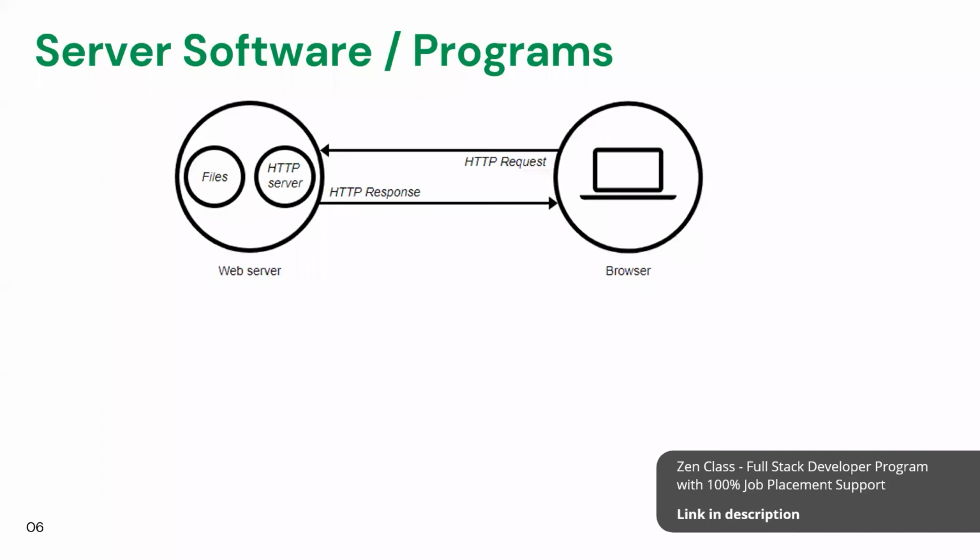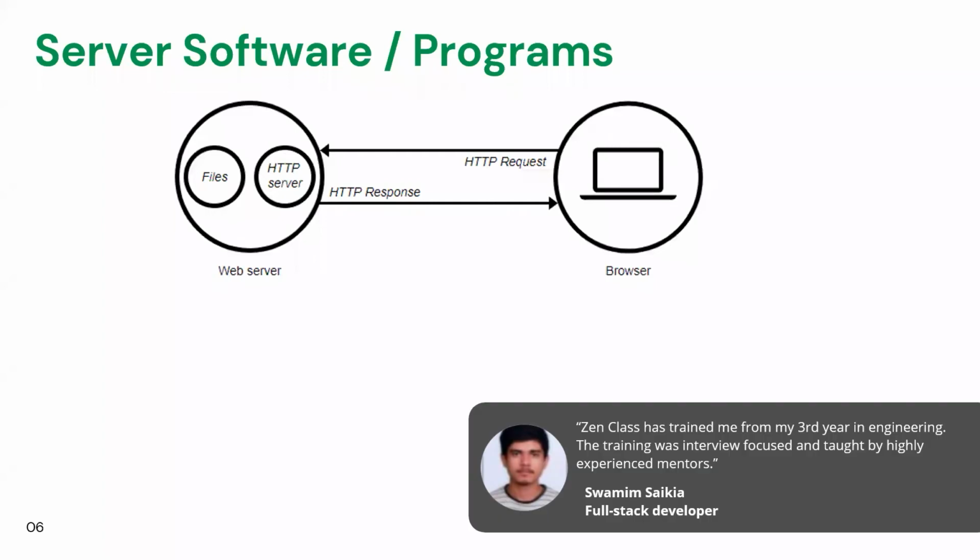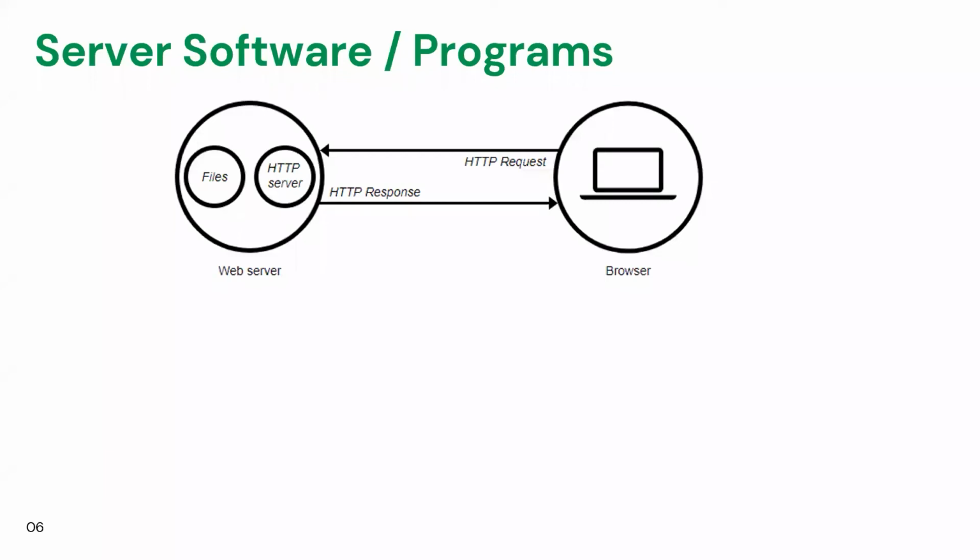At that time, the browser sends a request to the Google or Yahoo server that we require information regarding this URL. After receiving that request, the web server validates whether it is a valid request or not, and accordingly decides which files it needs to send back to the browser.